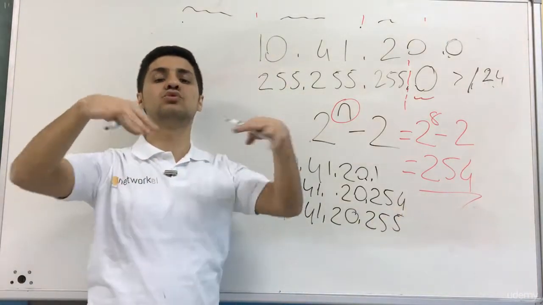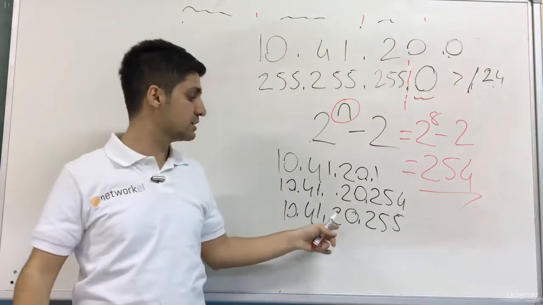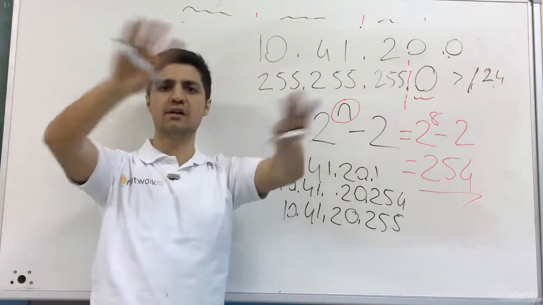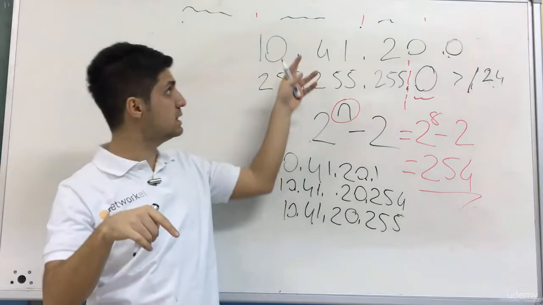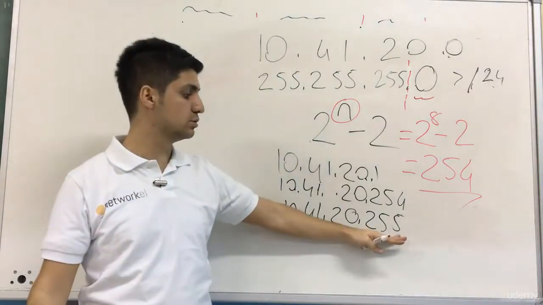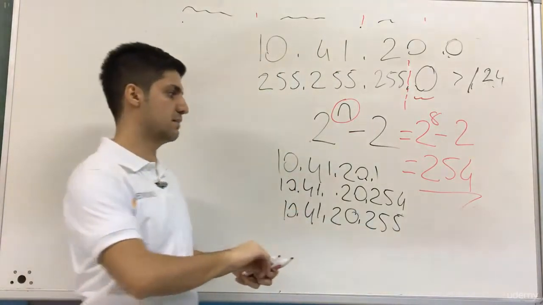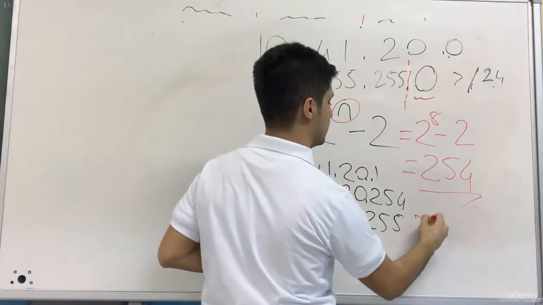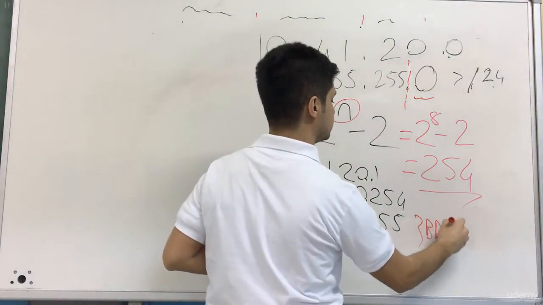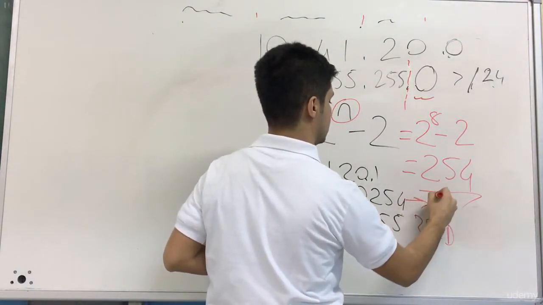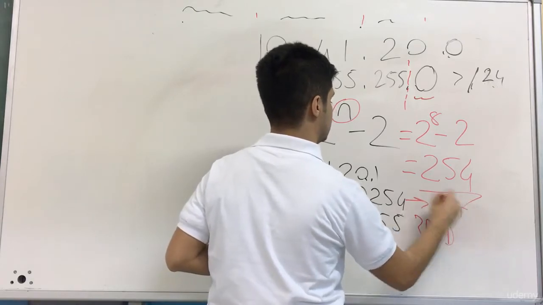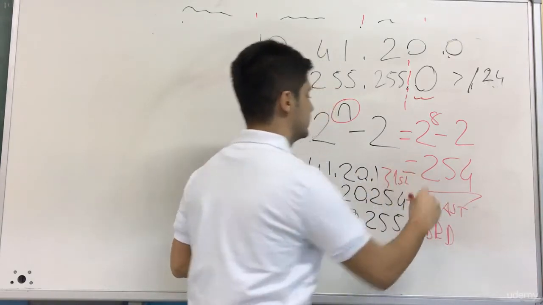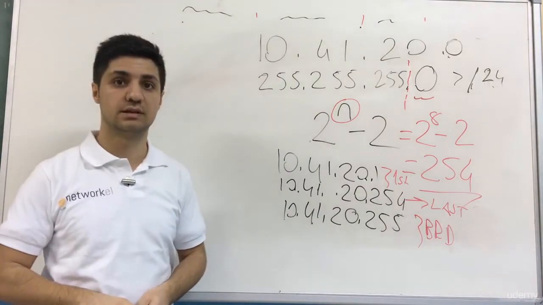If I want to send a packet to everybody in my network, in this network ID, I should use this IP address. That's the broadcast. This one is the last one. This is the first IP address that I'm using.